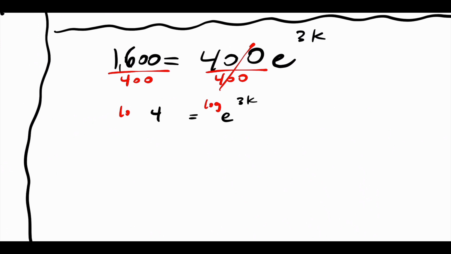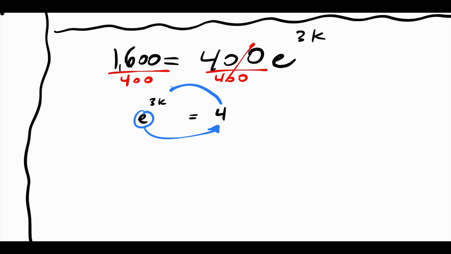Okay. When you do that, essentially it's going to look like this. This is the base equal to this. Let me rewrite this. We need to convert it from an exponent to a base of e.